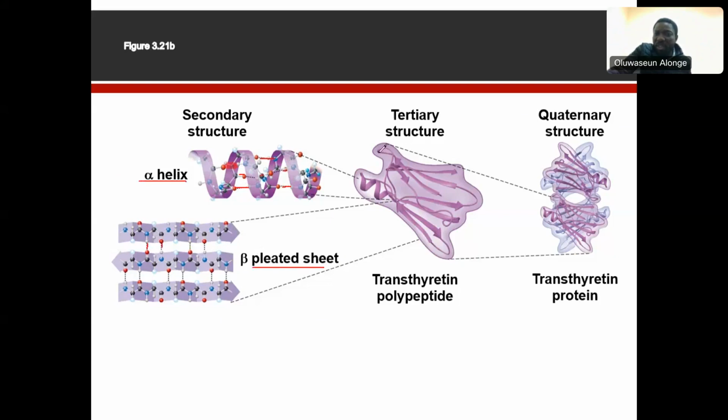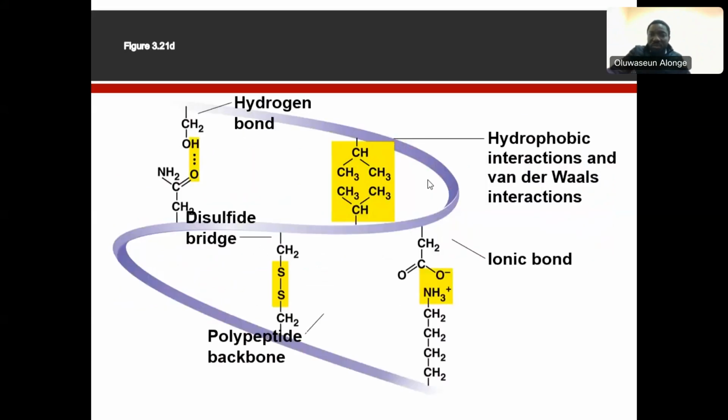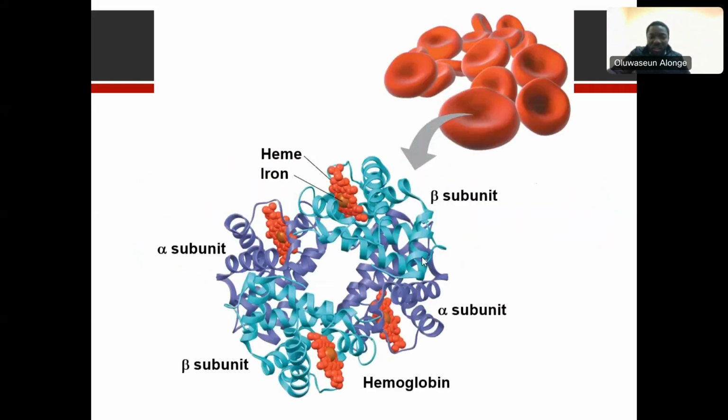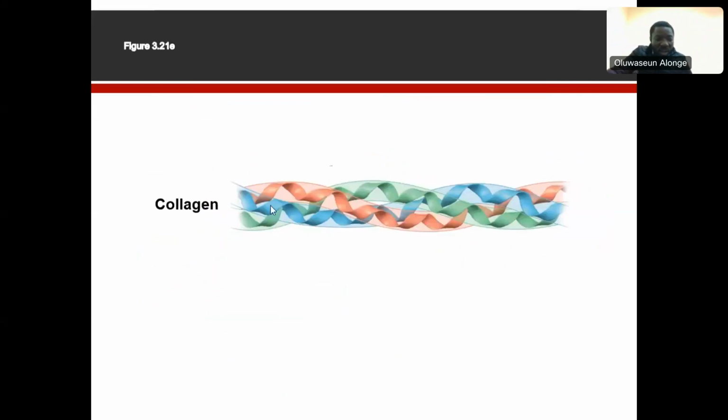And now at this point, they have become coiled, folded, and twisted on each other. And now this is a tertiary structure that is also functional as protein, and then the quaternary structure. All right. So that is what you see. That's the bond and the self attraction that comes upon them. This is collagen.